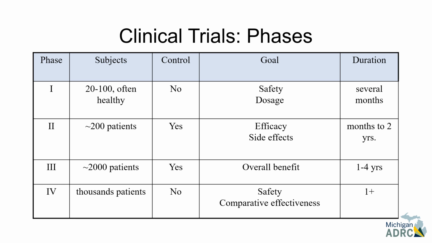Phase 3 trials are much larger, and they typically have a control group to look at the overall risk and benefit of the drug intervention. If the drug is successful in being approved, there can also be phase 4 trials, post-marketing trials, perhaps to look at safety when these drugs are used in a broader population than the population involved in the clinical trials, or to compare their effectiveness versus an existing therapy.